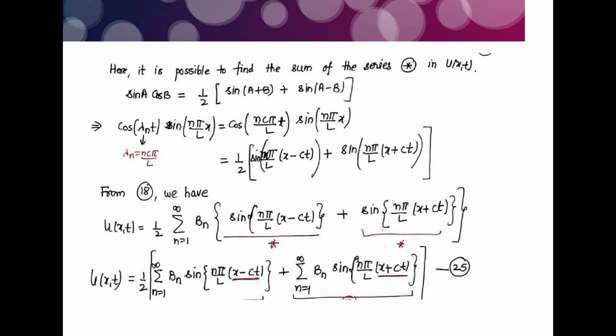Now I am using the deflection formula for the case when the initial velocity is 0. In the summation expression, we have cos(lambda n t) into sine(n pi over L x), and the formula for lambda n is n c pi upon L. So I am just putting the value of lambda n and now applying the above formula sine a cos b.